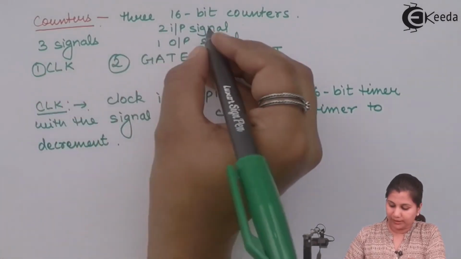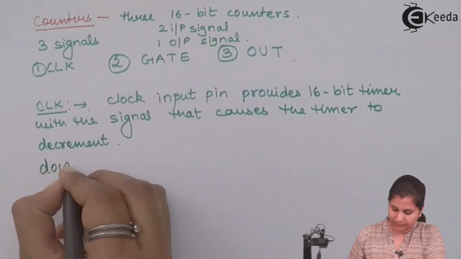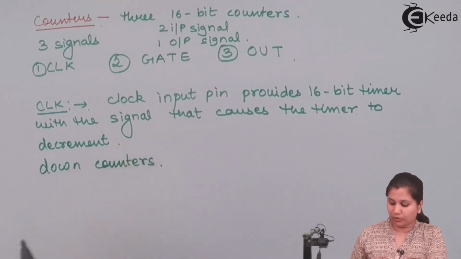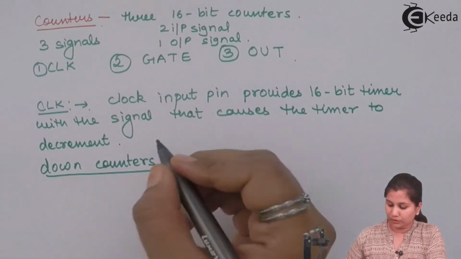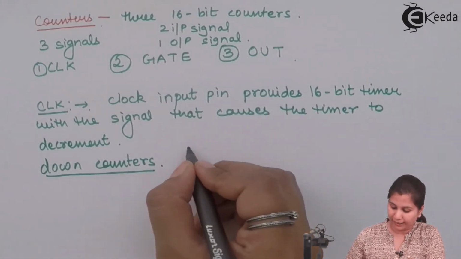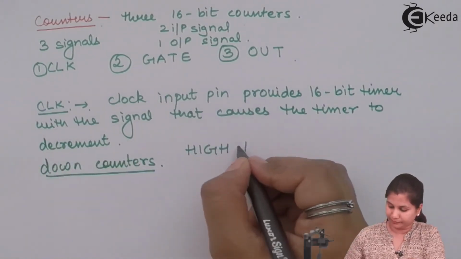Now these 16-bit counters are down counters, so they are always going to decrement the count. Also, these counters decrement the value of the count on every high to low transition of the clock input.